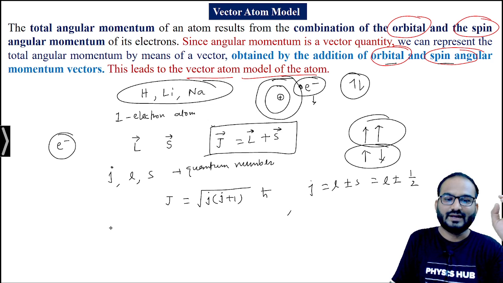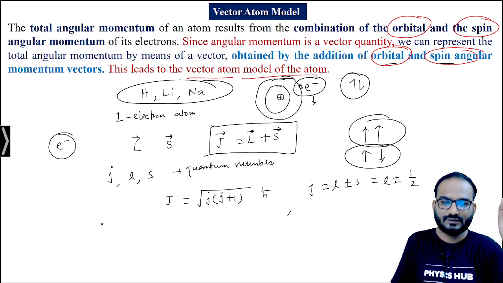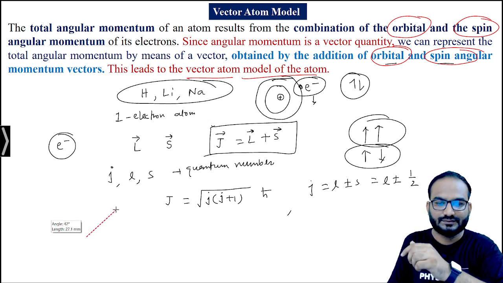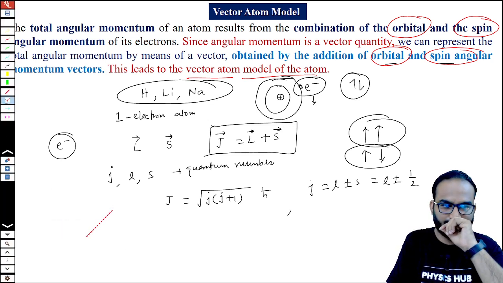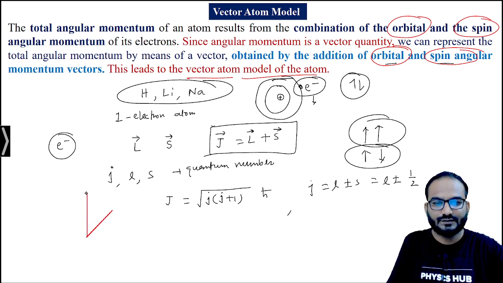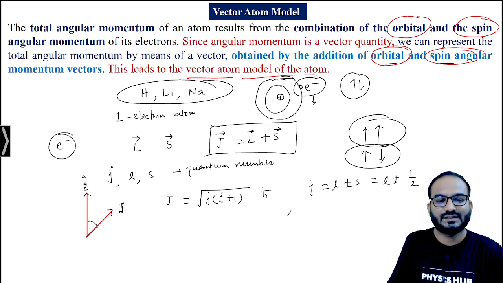Now what is the value of J corresponding to a given direction? Let's say we have something like this. This is your Z cap direction, and this is your J. What will be the component of J along the Z cap direction?